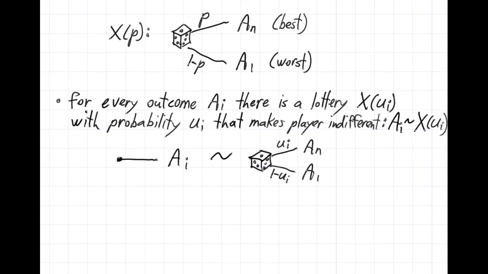And these two things can be set to be equally preferred to each other. So if you choose the right value of UI, then the player is indifferent between the two, has no preference, doesn't prefer AI over the lottery or the lottery over a certain outcome AI. And I think you can see that, at least if you think about the special cases.